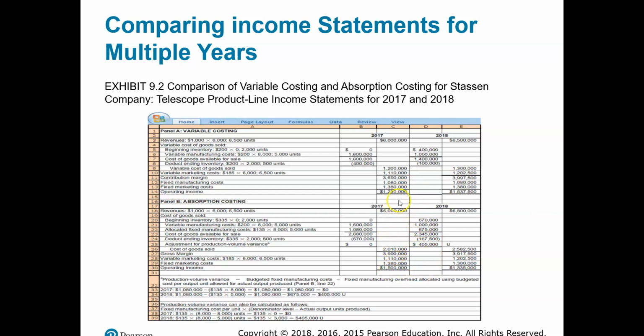And that was tied to fixed manufacturing cost under variable costing being expensed off immediately, whereas under absorption costing, those units were not expensed off until we actually sold. So if the cost of fixed manufacturing inventory is sitting on the balance sheet, it can't be expensed off. So my total expenses that I'm reducing revenues by is going to be less. Then it stands to reason I'm going to have more operating income. And then we see the illustration here from 2018 as well.